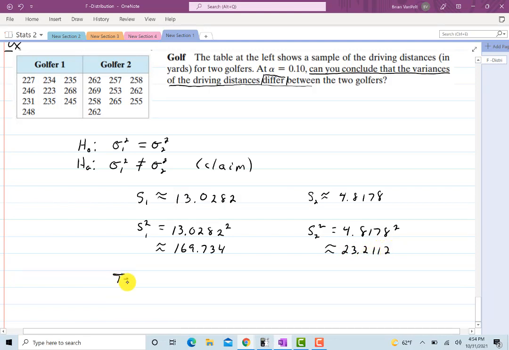So my test stat, that's F equals S1 squared divided by S2 squared. Let me see, what do we have? I have 169.734 divided by 23.2112, and that gives us approximately 7.313.